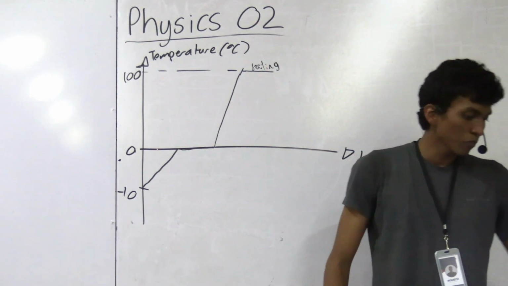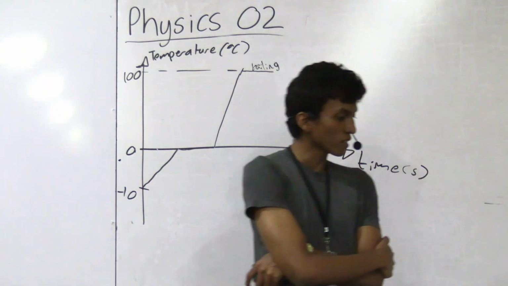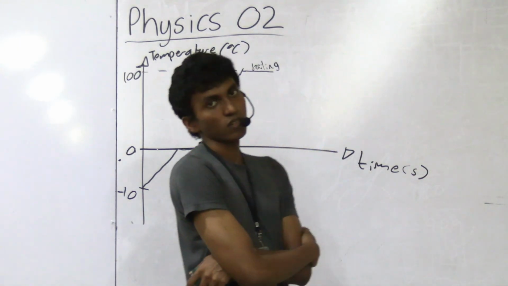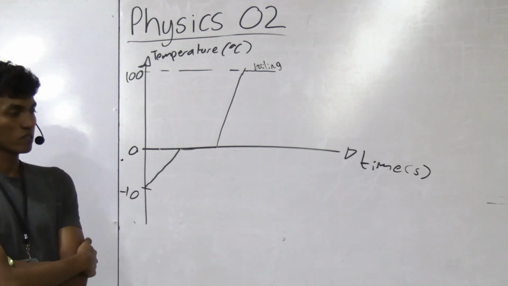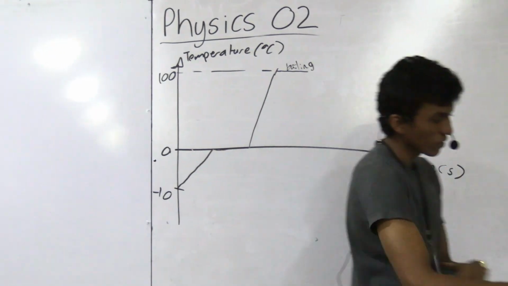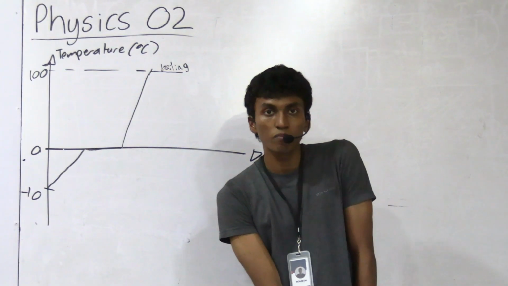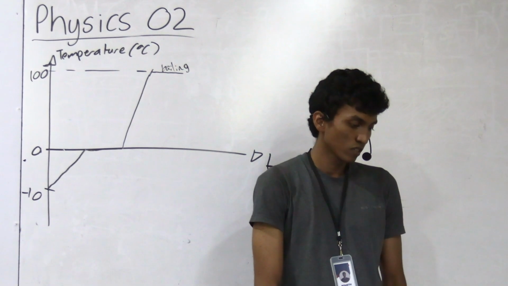Question number 4. Heat is transmitted from the sun to earth by answer 1 radiation, answer 2 conduction, 3 convection, 4 radiation and convection. So this is just a theory question. The sun gives us energy through radiation. It shoots electromagnetic radiation, also known as photons.